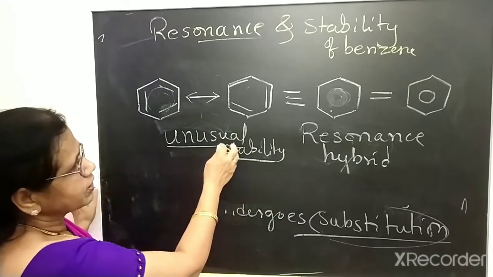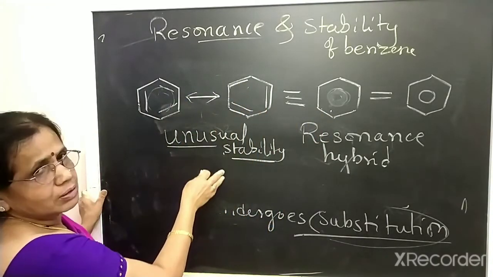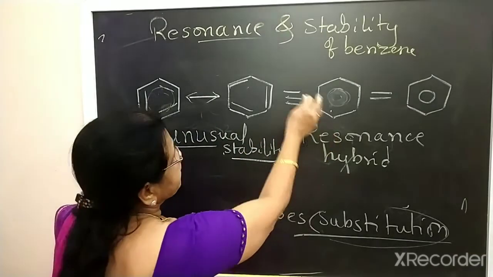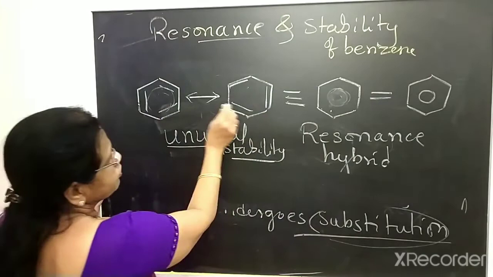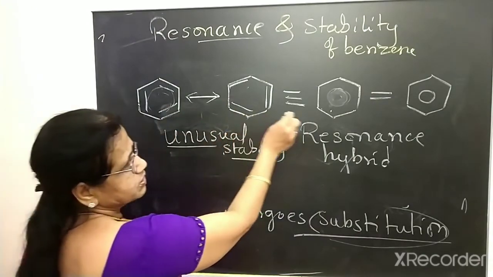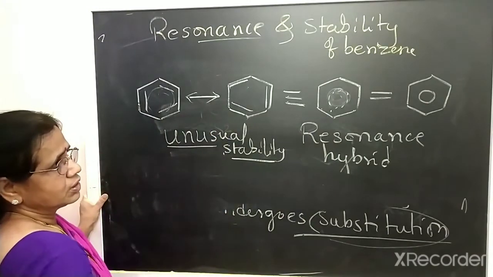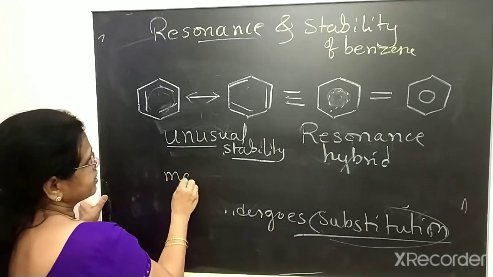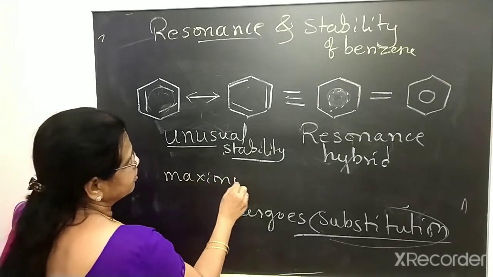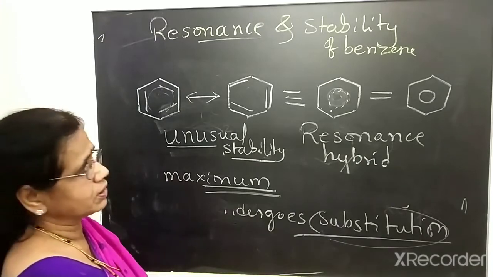He only explained that there are 3 alternate double bonds and single bonds. According to resonance theory, instead of writing these two structures, benzene can be represented as the resonance hybrid of these two structures. So it is stable, but the unusual, maximum stability is not explained here. Benzene is highly stable.